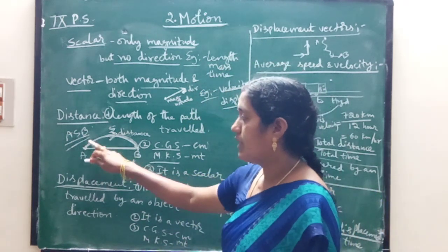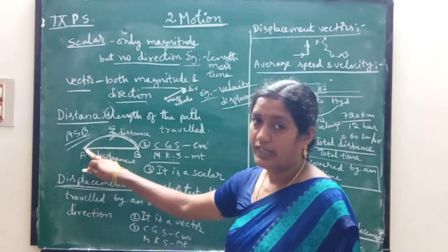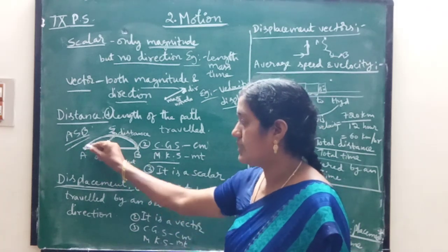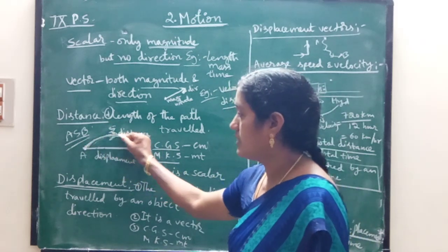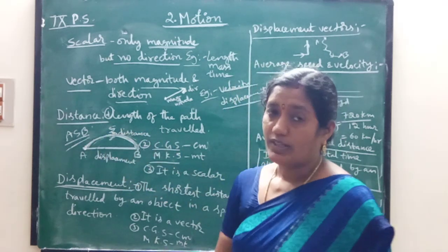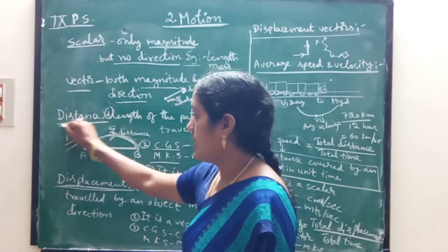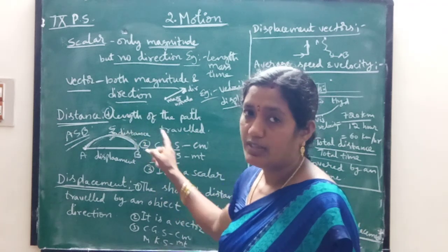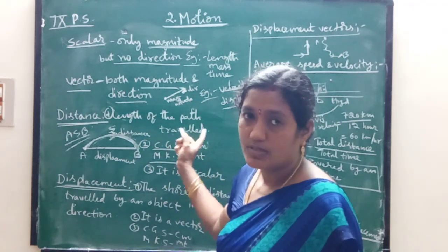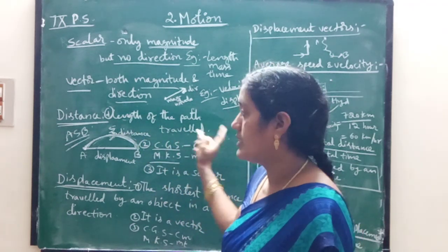The length of the path covered by object A in order to reach B is ASB. That means he has travelled from A to S, S to B. So what is the definition of distance here? The length of the path travelled. The length of the path travelled by an observer or object is called distance.